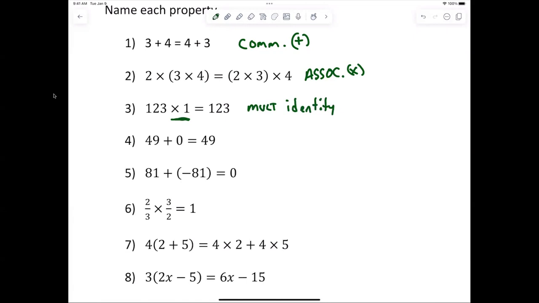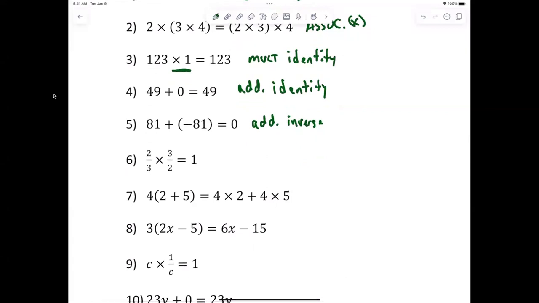Number 4, what are you thinking? Yes, additive what? Additive identity. Palmer, you're up. Is it the additive inverse? You are amazing. Additive inverse.